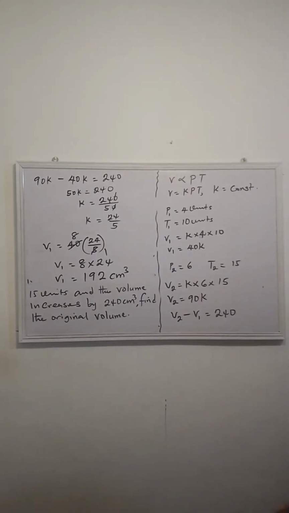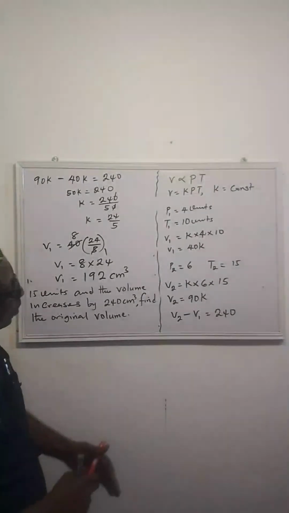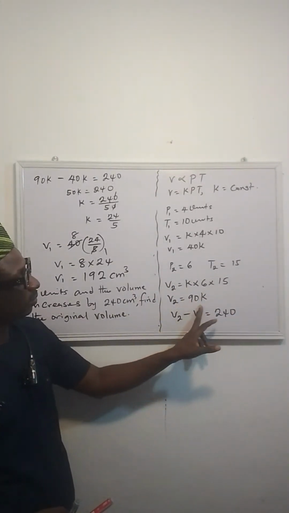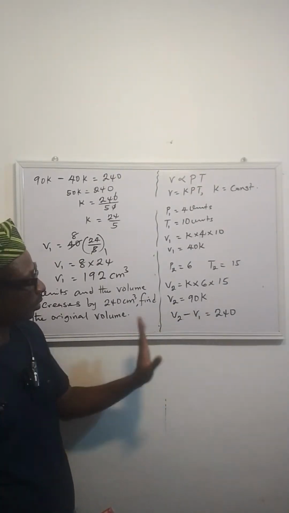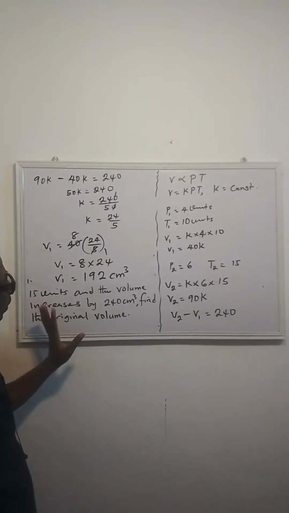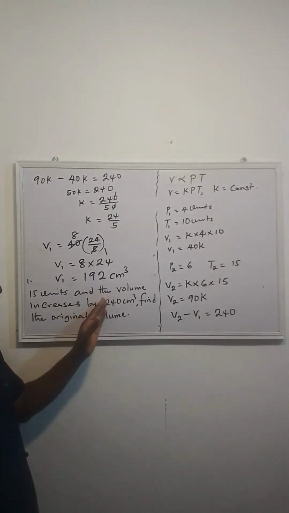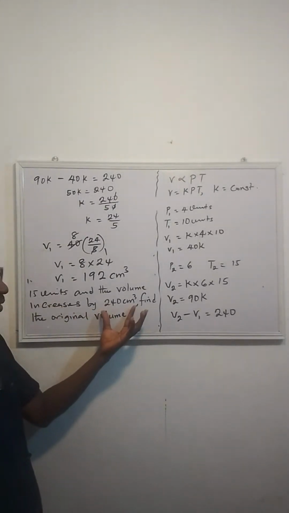All right. So sorry for that. Okay, so we plug in the value. So once you insert the value, you have this. Okay, and now the question asks us to find the original volume when the volume increases by this. It increases by this.